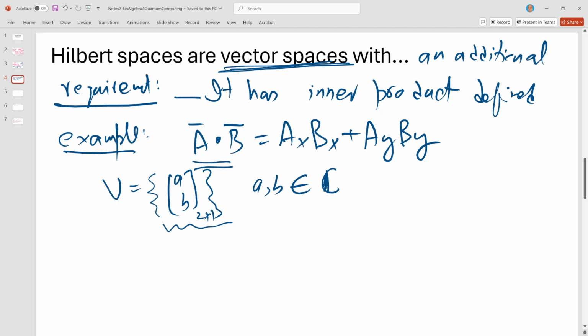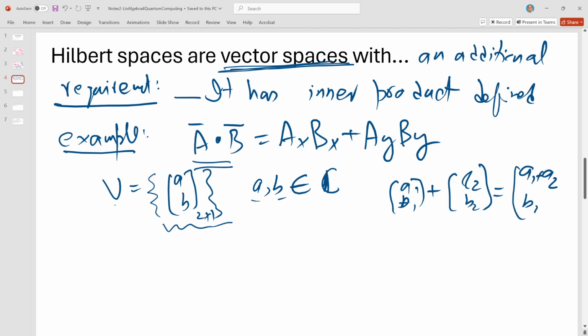These are 2 by 1 column matrices, and the entries can be complex numbers. So this is also a vector space. We can easily see because the sum of any two column vectors is also a column vector with complex numbers. So this does belong to this space, because this is a set of all 2 by 1 column matrices. So this is a Hilbert space.